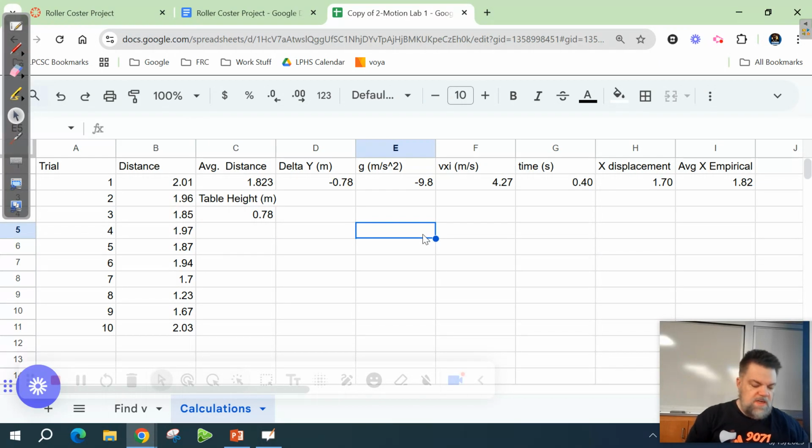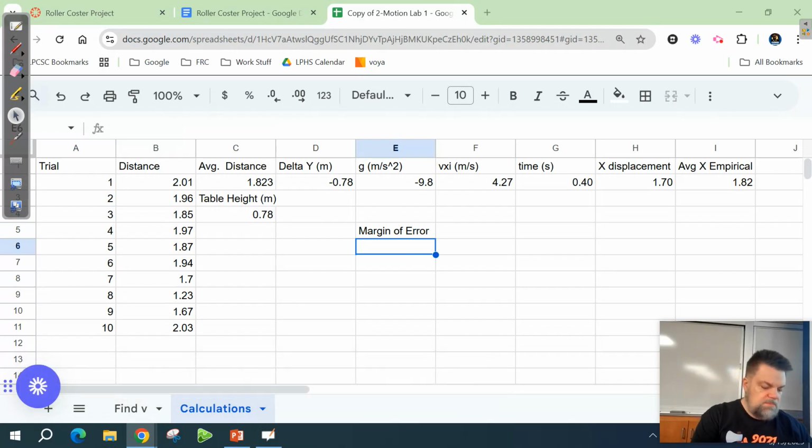And then somewhere over here, you're going to type in margin of error. In this formula, we want to see how far off we are.